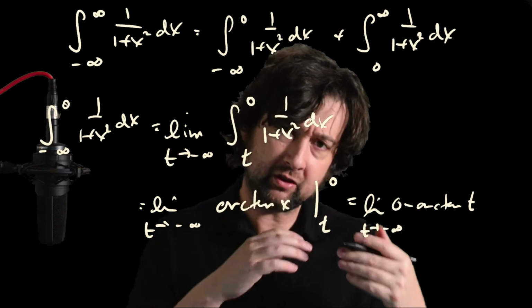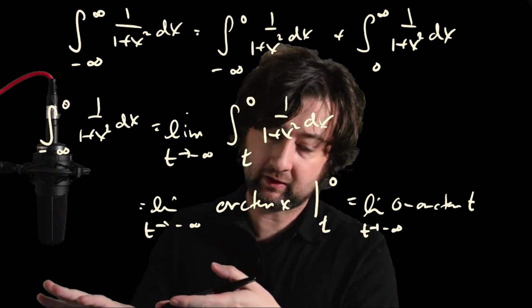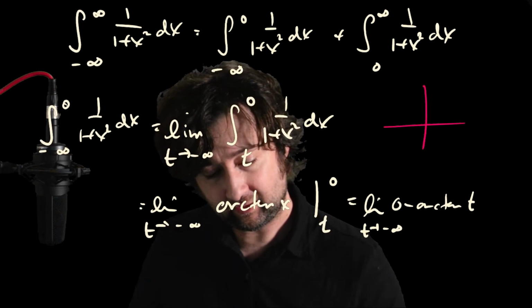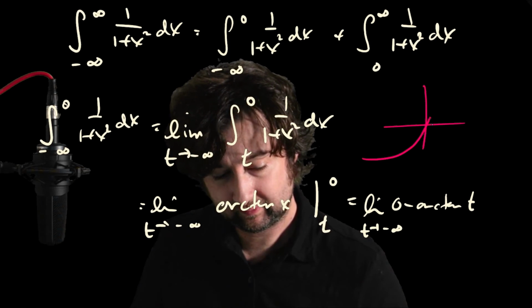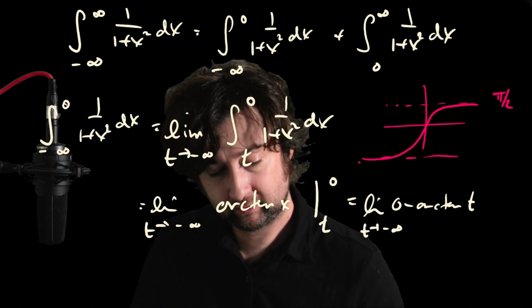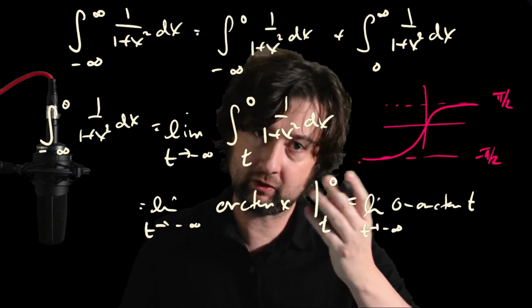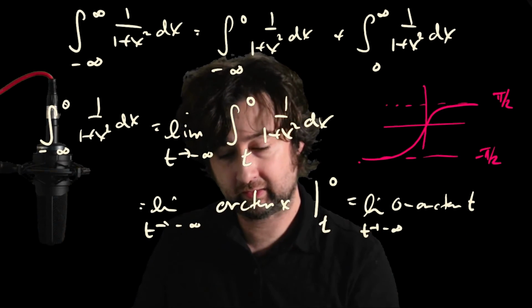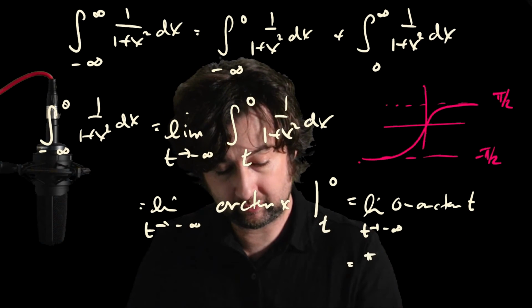So what does the arctangent of t do as t runs to minus infinity? The graph of the arctangent looks like this, and it has horizontal asymptotes at pi over 2 and minus pi over 2. Pi over 2 as you head to the right, minus pi over 2 as you head to the left. And so all of this is just equal to pi over 2.